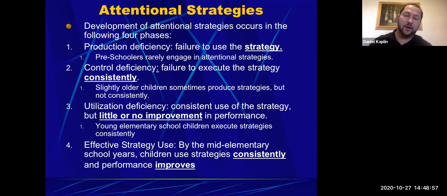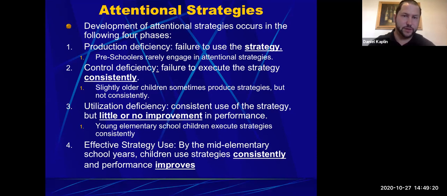So by the middle of your elementary school years, 3rd grade, 4th grade, 5th grade, and so forth, now we tend to see that you consistently use attentional strategies and inhibition of outside stuff, and you have improvement in performance, which is a big deal.